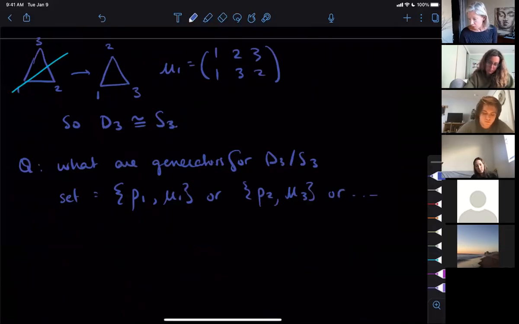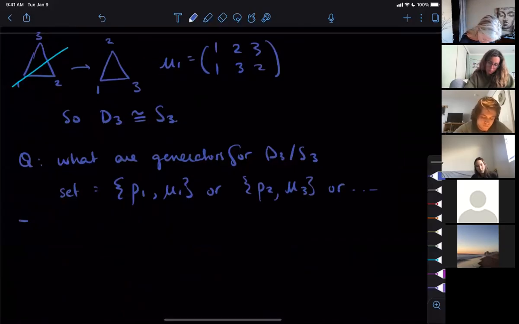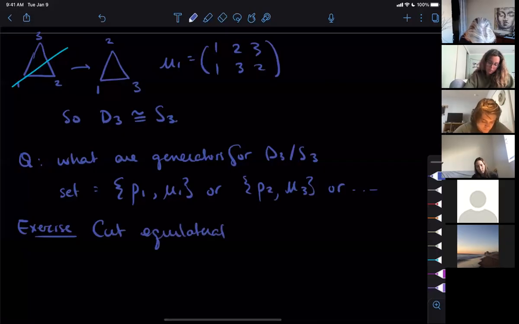And the best thing to do as an exercise at home, cut out an equilateral triangle out of paper and label the three corners 1, 2, and 3.